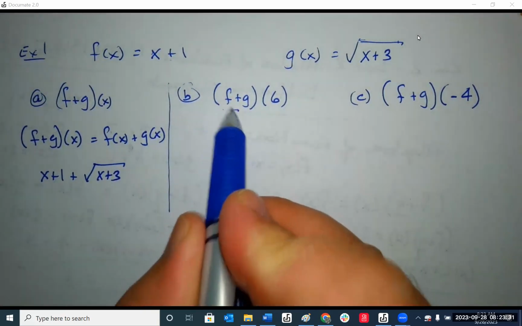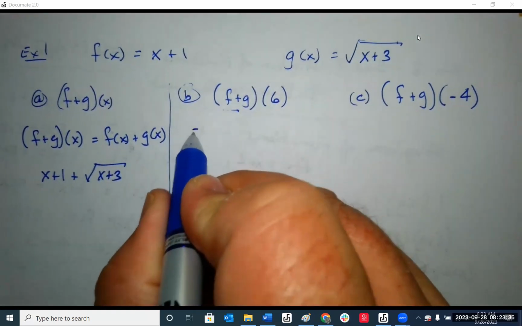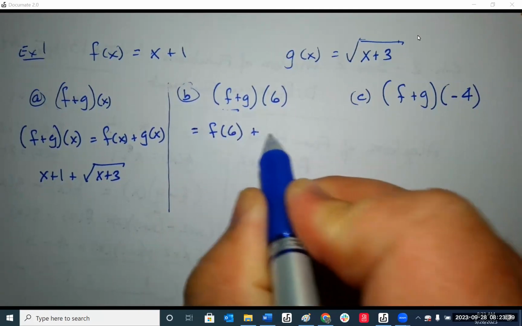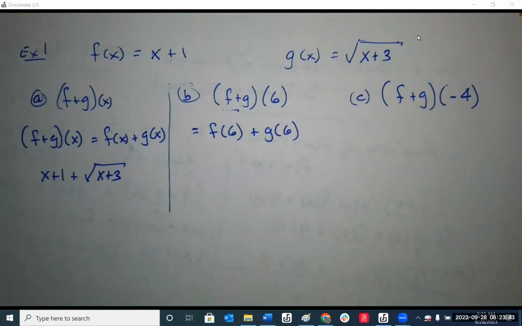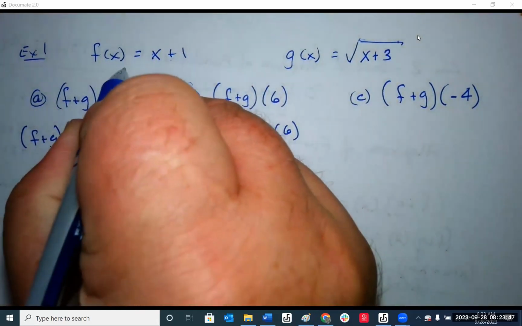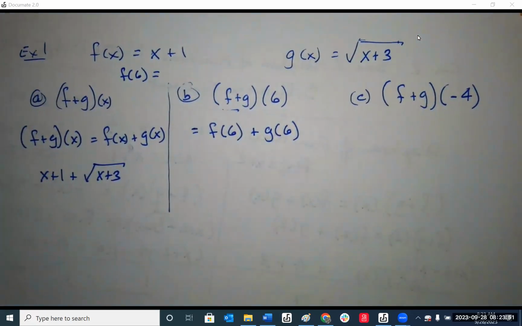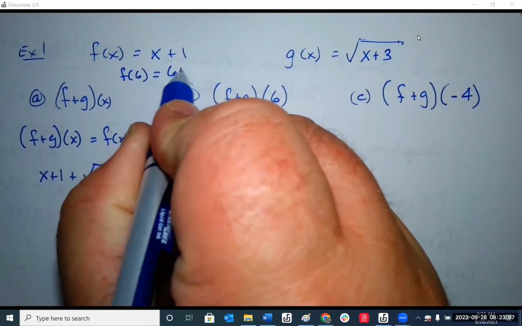So since these are all the same operations, it's much easier if we do that. So what is f of 6? Yeah, because in place of x, I put a 6.